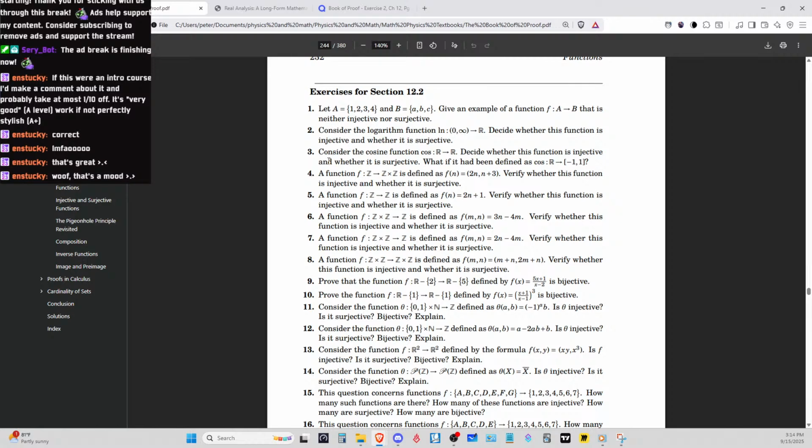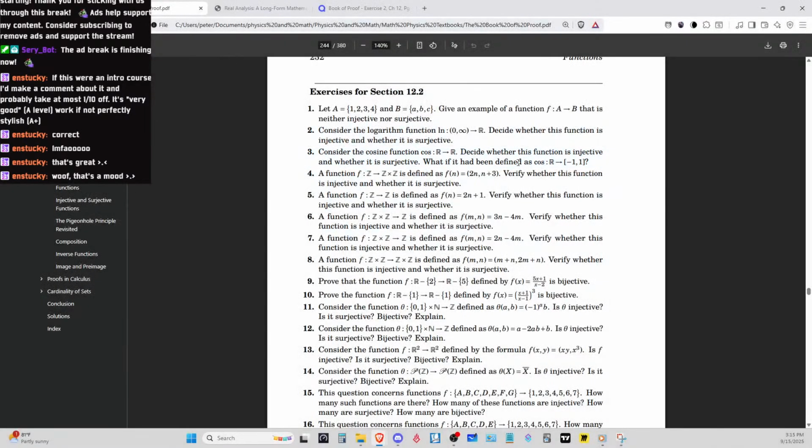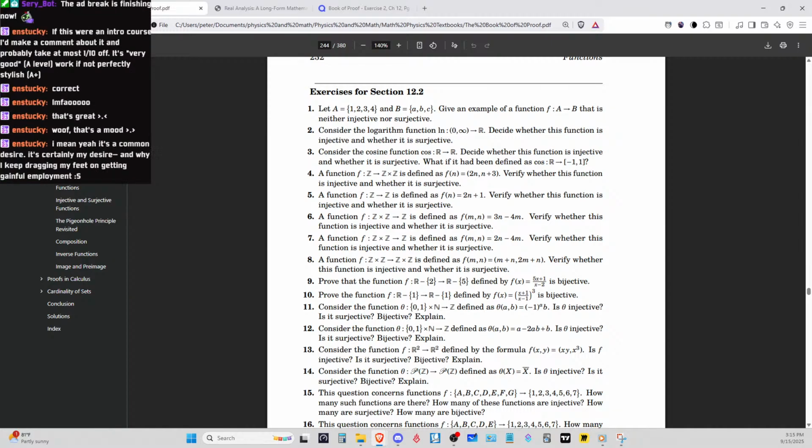Okay, I think we can do question 3. I think we're doing pretty well though, but I appreciate the compliment, Stunky. It actually makes me feel like I'm getting at least decent with proofwriting with that comment.